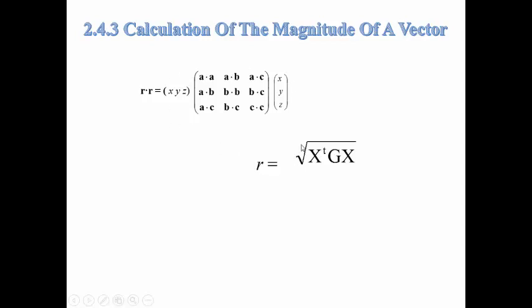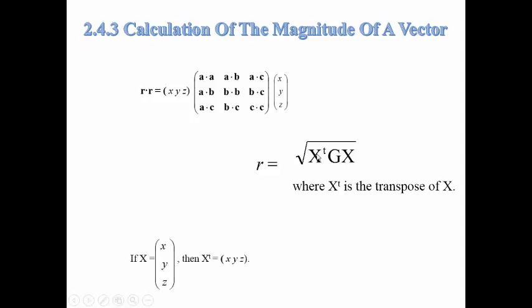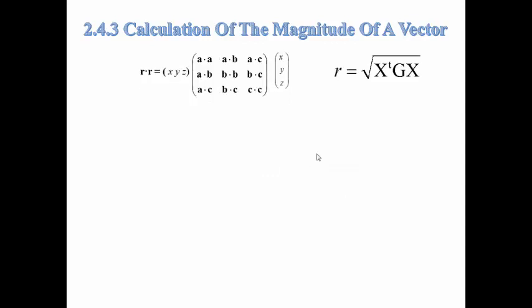So there's the square root, and here we have the G matrix, and here we have the coordinate matrix X and the transpose of the coordinate matrix X. So that's a really nice way to write things, and it doesn't matter what dimension you're talking about, and it's also independent of the type of crystal system, which we'll see later. Some treatments give different values for each of the different systems, but we don't.